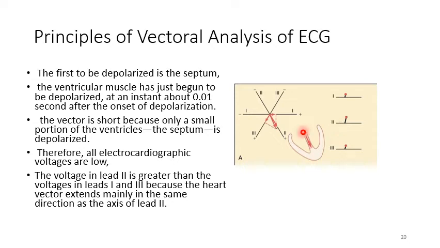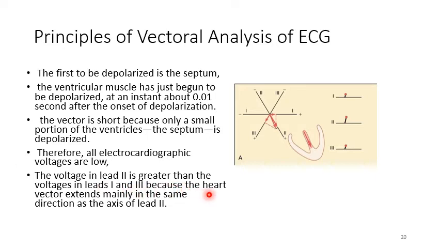Okay, so all these electrocardiographic voltages are low because only a very small part of the heart is depolarized. The voltage of lead 2 was greater than the voltages in leads 1 and 3. Why?